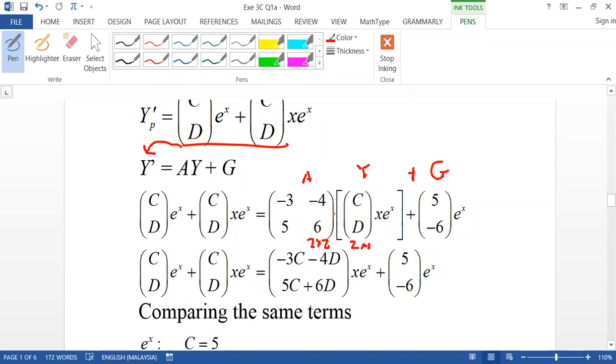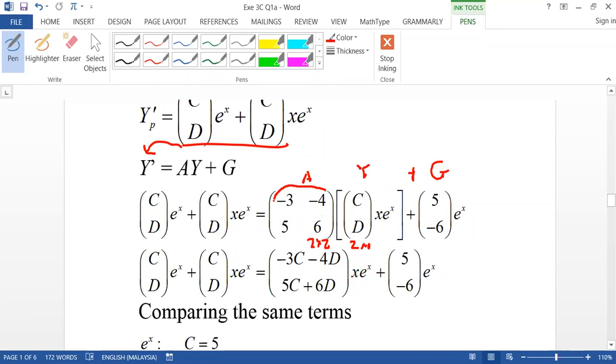Hence, you can multiply A and Y. The result is a 2 by 1 vector, a 2 row 1 column vector, and this vector depends on the term x exponent x.